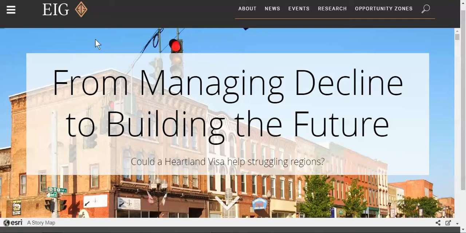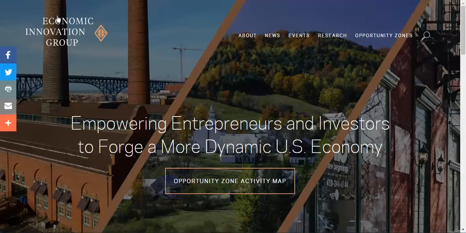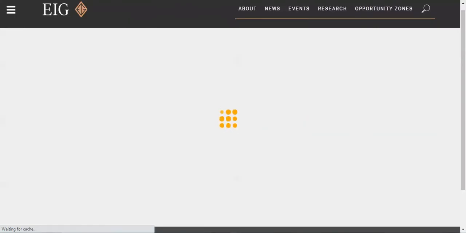So first of all, what I want to begin with is the idea of EIG as an organization. The Economic Innovation Group is largely a nonpartisan group that examines how economics can be used to revitalize or improve local economies. So let's take again a look at the story map.